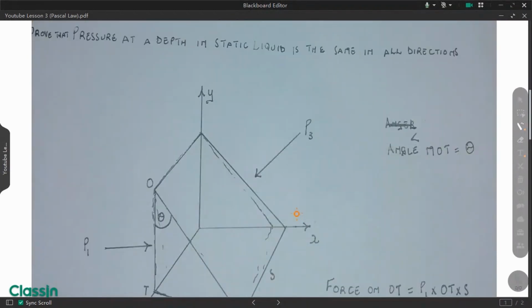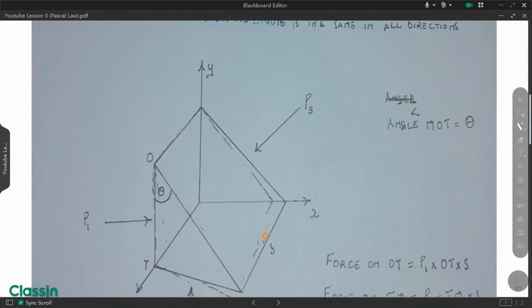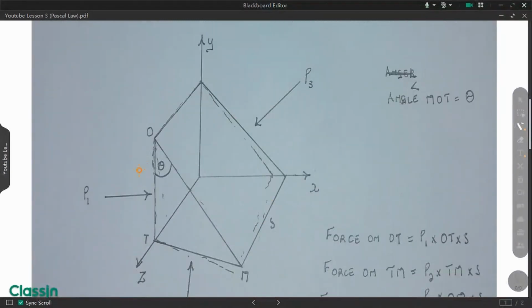So let's consider a small fluid element. It's so small that in other literature, when you're reading through it, it will be labeled with the lengths dy, dx, dz, right? So we have the x, y, z plane.